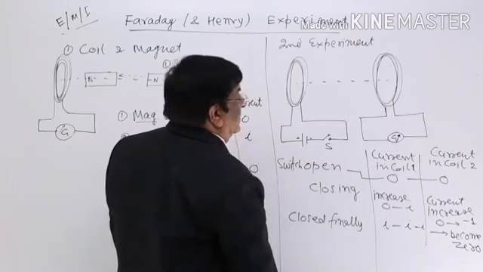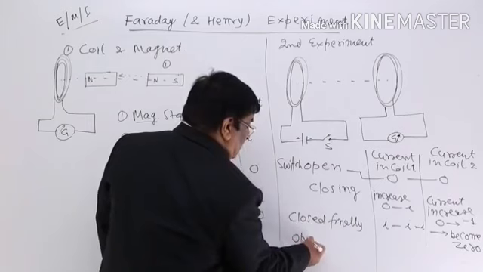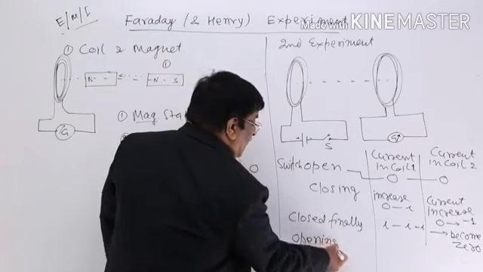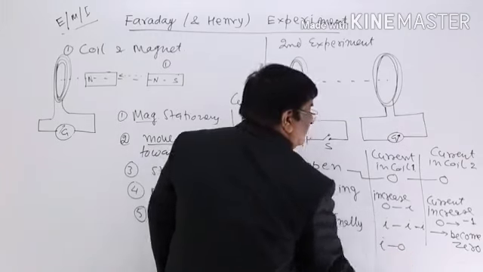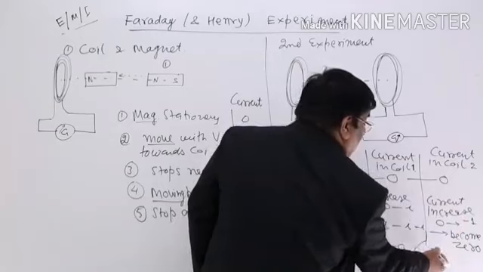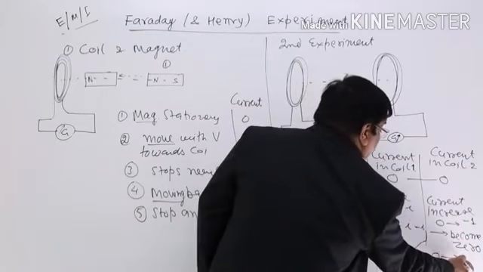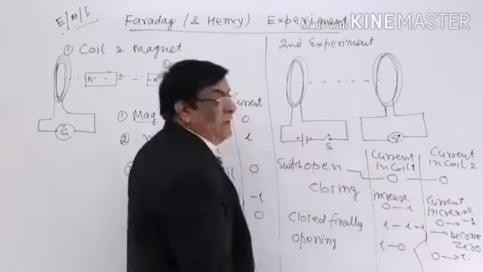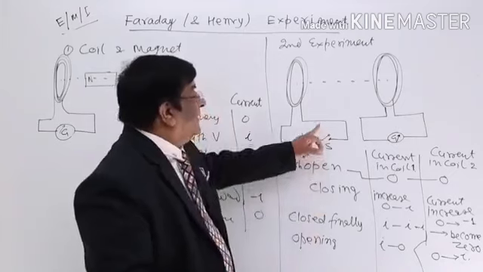Okay, then again we open it. When we are opening it, this current I reduces to 0. When this is reducing to 0, we find that in coil number 2, which was 0, the current now increases from 0 to I. It increases from 0 to I when it is opening.